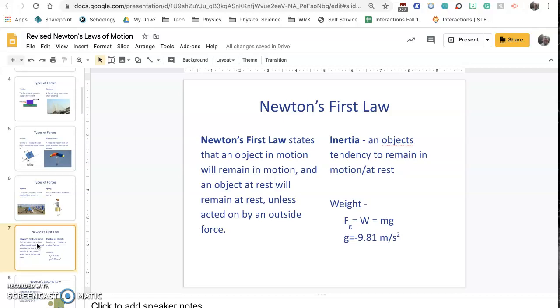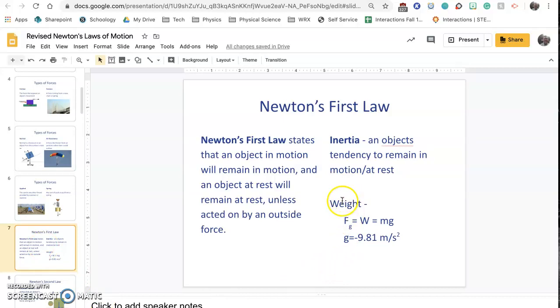Our first law is all about this thing called inertia. Okay, the law itself says an object in motion is going to stay in motion, and something at rest is going to stay at rest unless our forces become unbalanced and there's an outside force acting upon it. Inertia, we find, is a function of mass. So we get into our first relationship here.